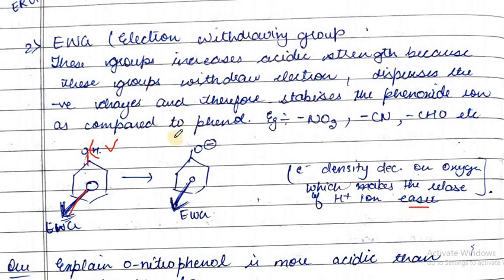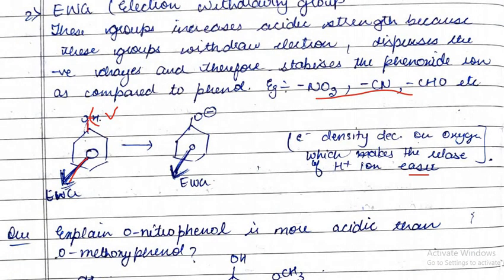So electron withdrawing groups increase the acidic strength of phenols. These groups are NO2, CN, CHO, all electron withdrawing groups. These increase the acidic strength.